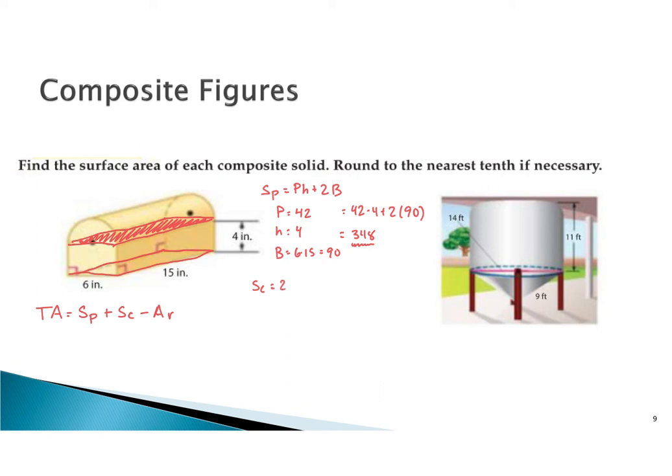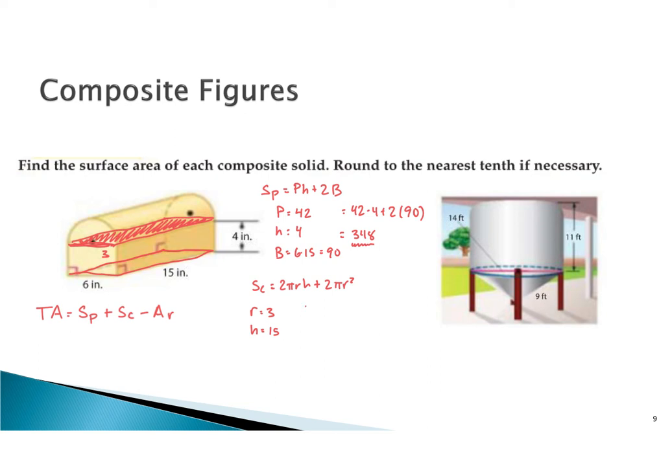This one's going to be 2 pi r times the height plus 2 times pi r squared. My radius is going to be 3, because if this whole side right here is 6, that means that small piece is 3. And my height is going to be 15, because the height is what connects the two bases and that length is 15.